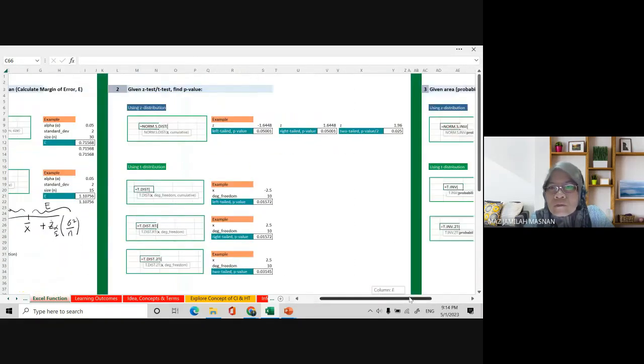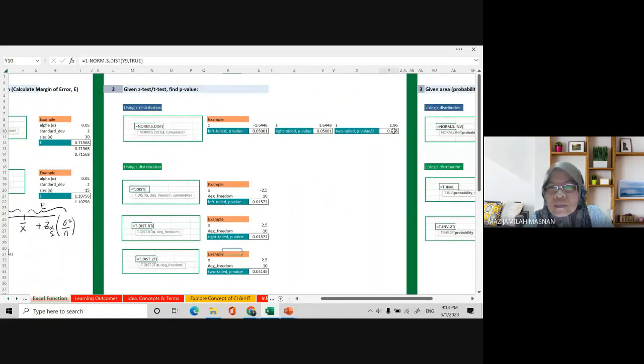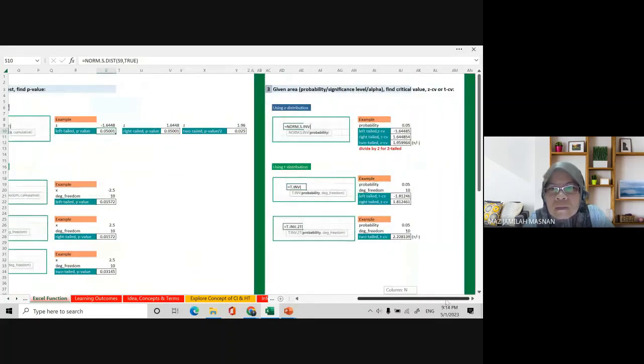In this case it should be plus minus, so for two-tailed test, alpha over 2. This one just now is finding the negative one.